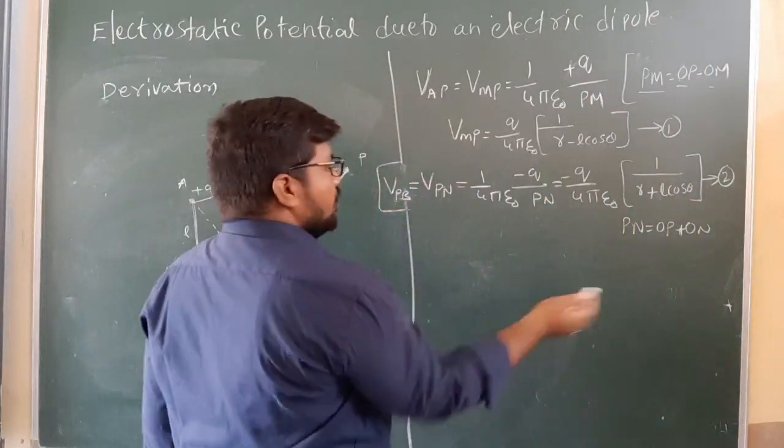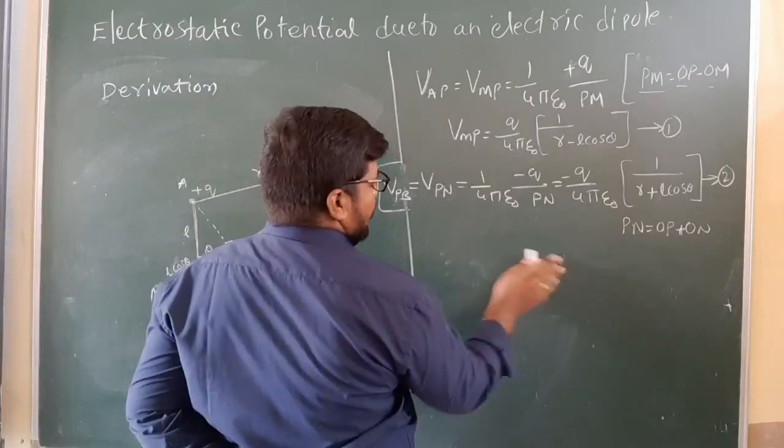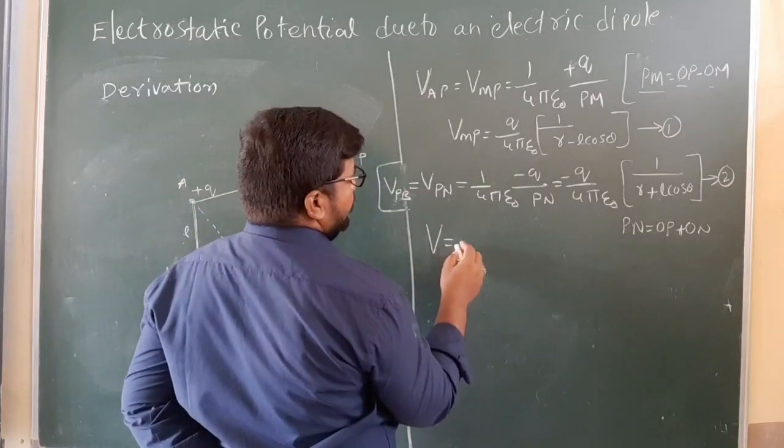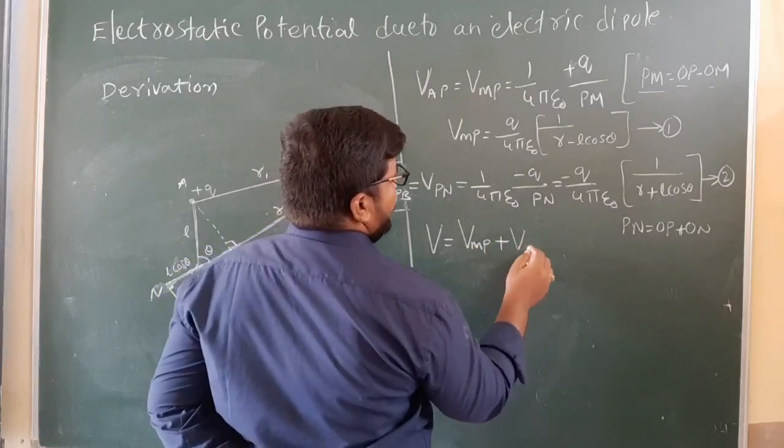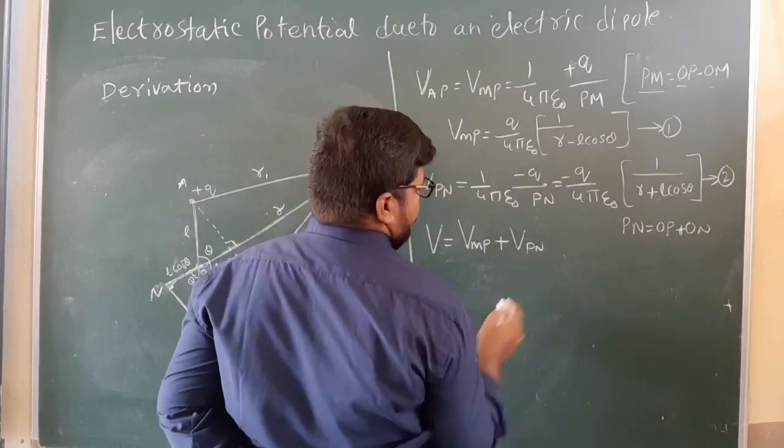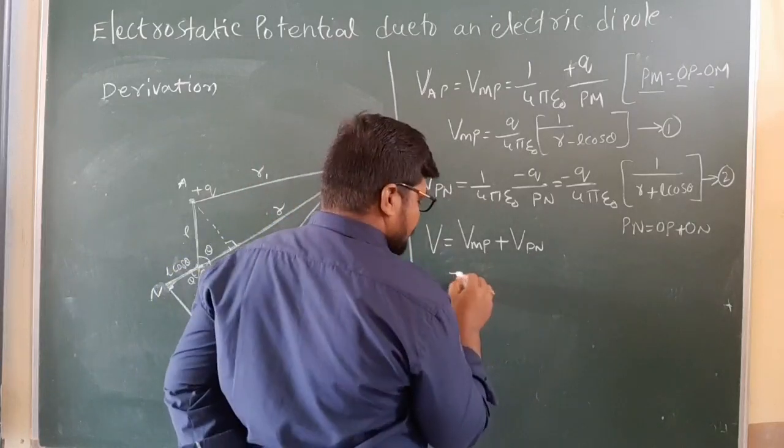So total electrostatic potential V is equal to VMP plus VPN.